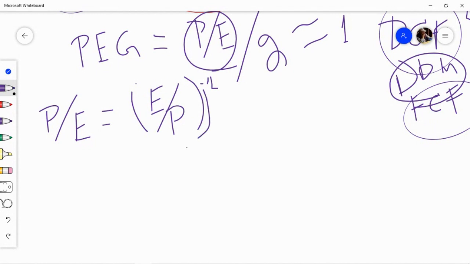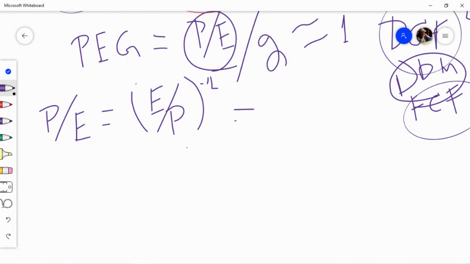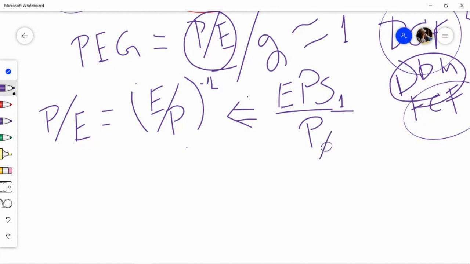But then, if you think about it, the earnings per share that we use for that is earnings per share at time 1 over price at time 0.